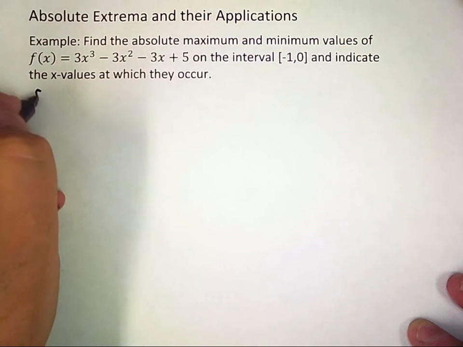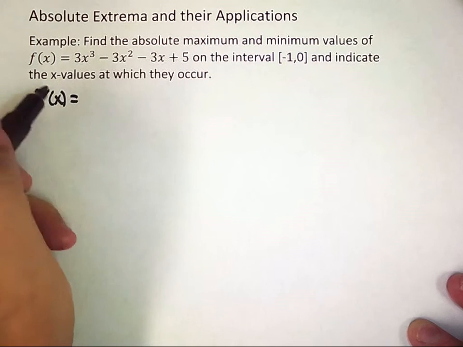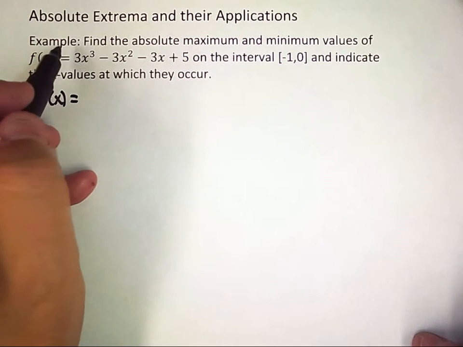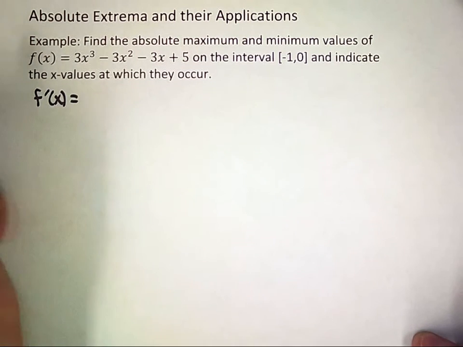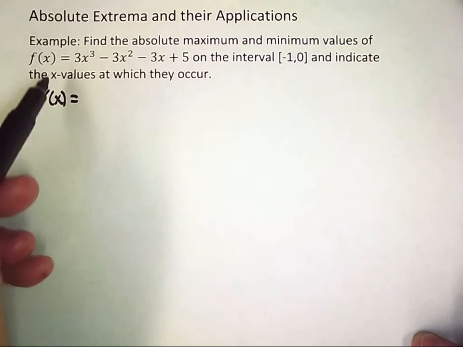Now, just remember that finding absolute extrema involves also finding relative extrema, because the relative extrema are places where the absolute extrema may occur. So I want to go back to how I find relative extrema, and that involves taking the derivative.